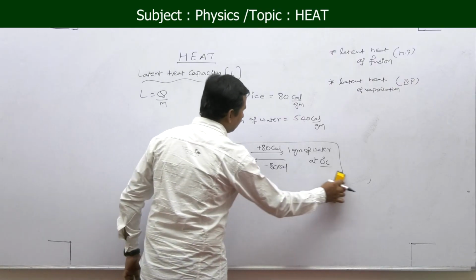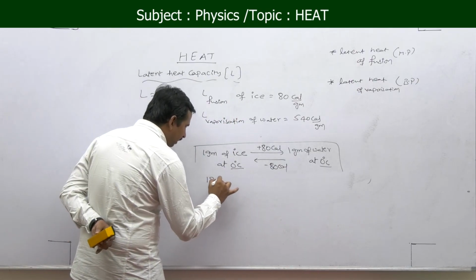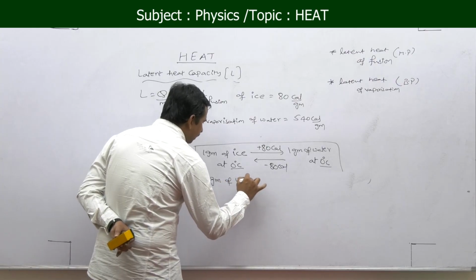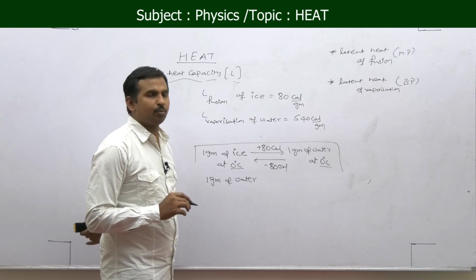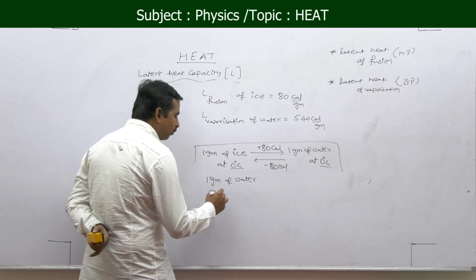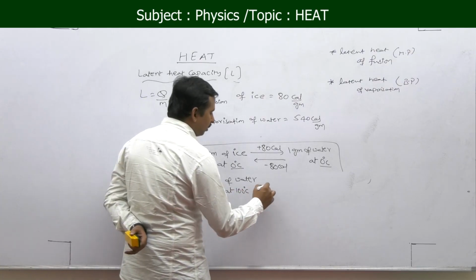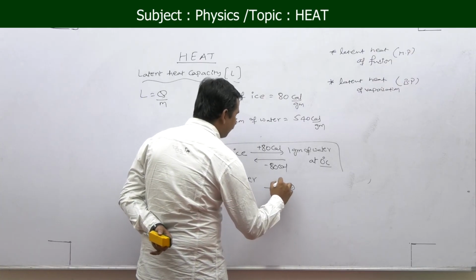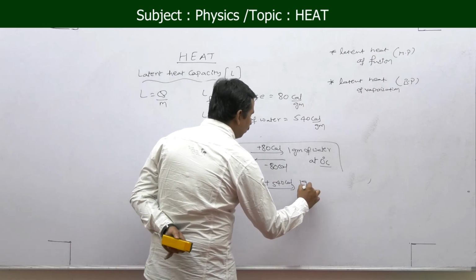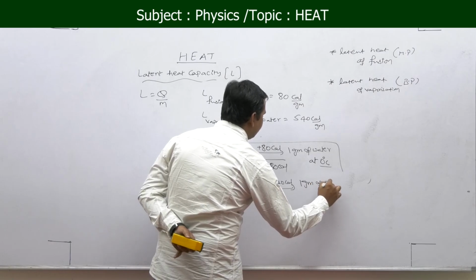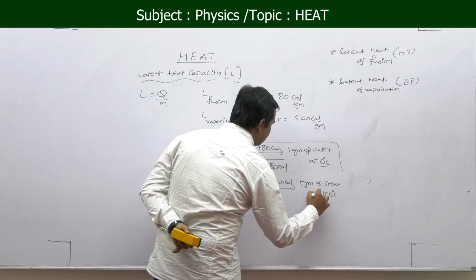For example, take 1 gram of water at its boiling point, because latent heat of vaporization takes place at the boiling point. So 1 gram of water at 100 degrees Celsius, by supplying 540 calories of heat, becomes 1 gram of steam, again at 100 degrees Celsius.